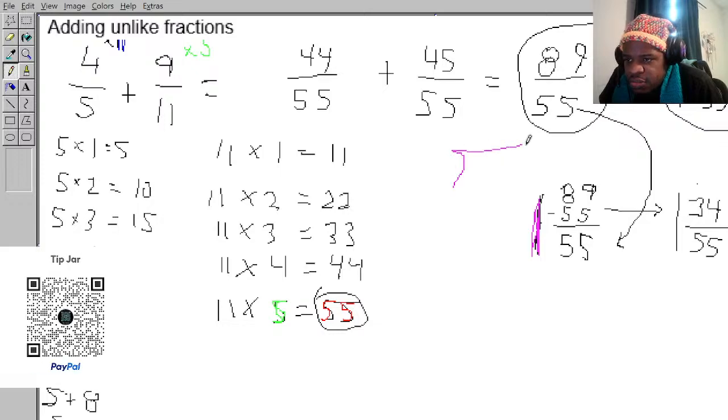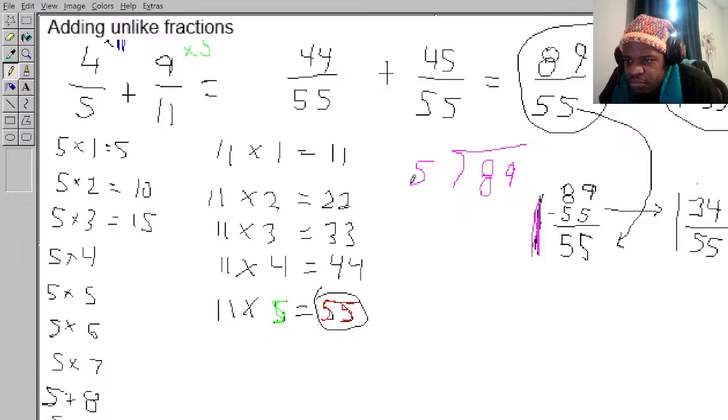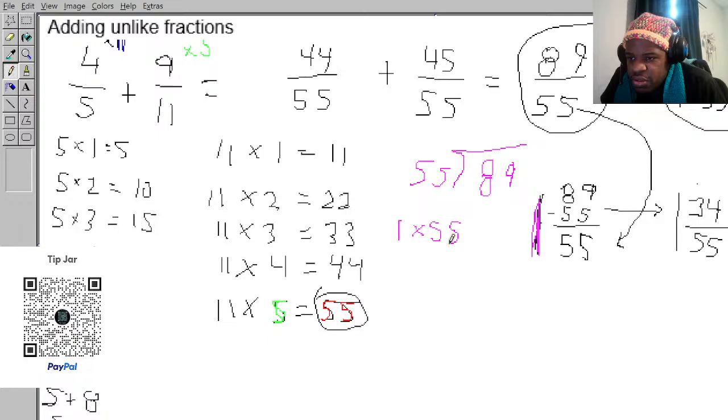This is division. 89 with 55. And you just basically say how many times can 55 go into 89. 1 times 55 is 55.